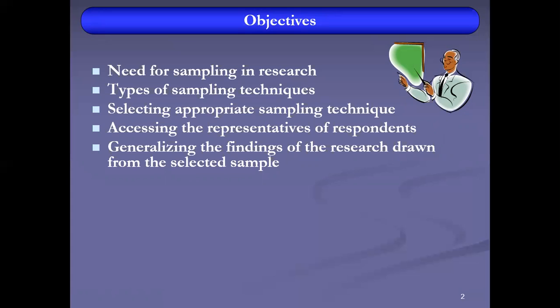After selecting the suitable sampling technique, we should assess the sample we have chosen, and the respondents should be representative of the whole population. Finally, generalizing the findings of the research drawn from the selected sample. We will also discuss how we can generalize, and whether the findings are generalizable or not.